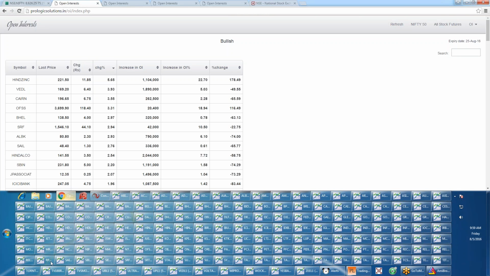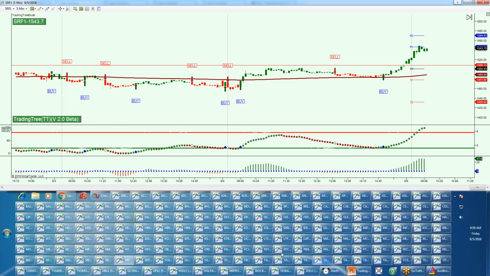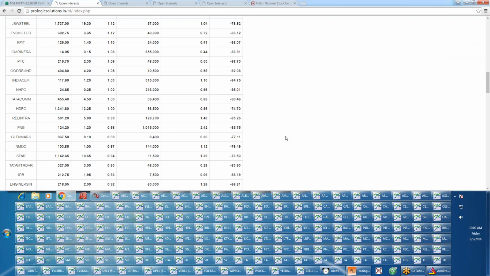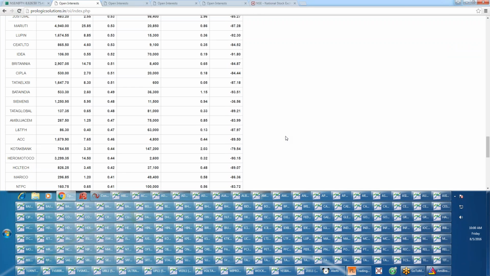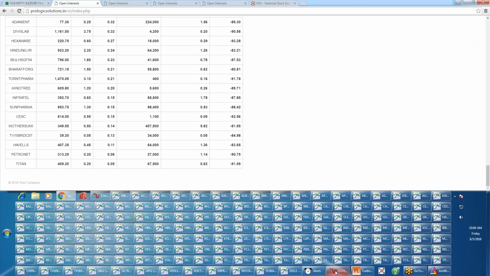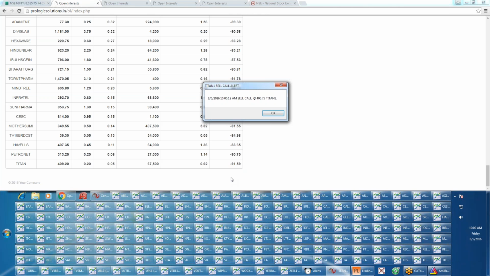SRF sell. So that's sell. SRF. We have Hindalco, SBI, and most of the scripts are in the bullish segment. So we have a sell in Tech Mahindra. So we have a sell even in Titan.